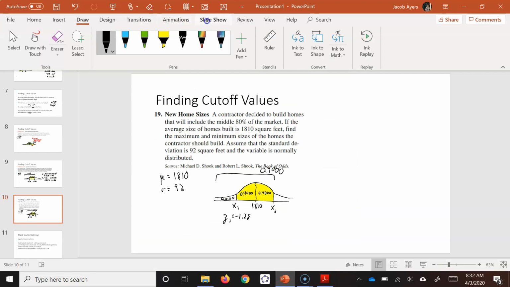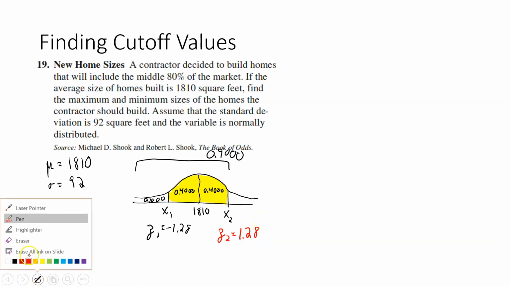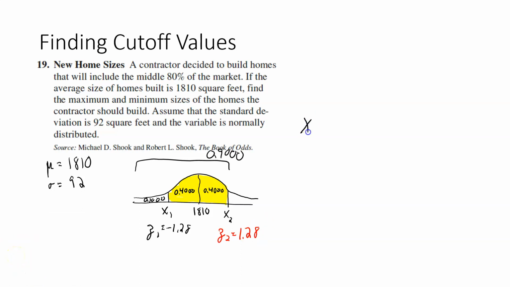Now let's full screen this slideshow from current slide. So z2 is 1.28. So x1 will equal the average, 1810, plus negative 1.28 times 92. 1810 minus 1.28 times 92 is 1692.24.